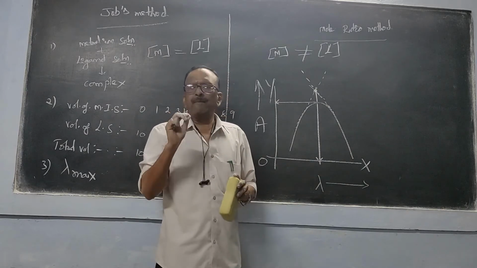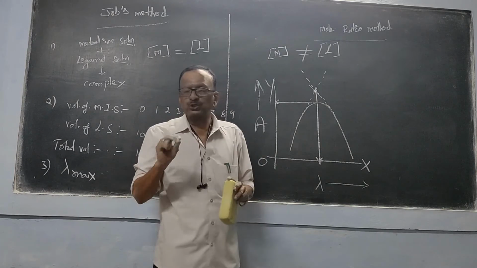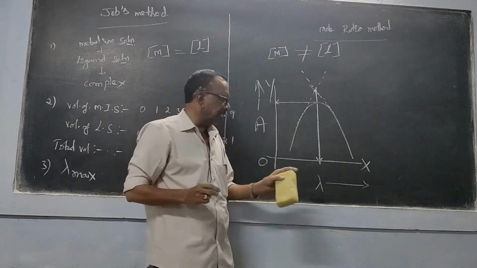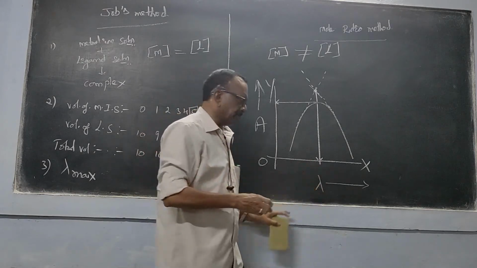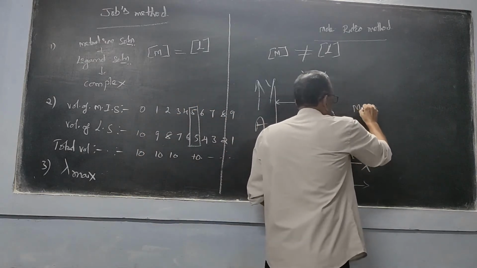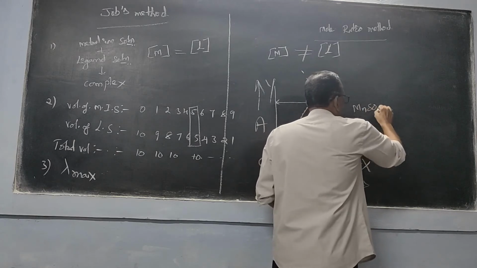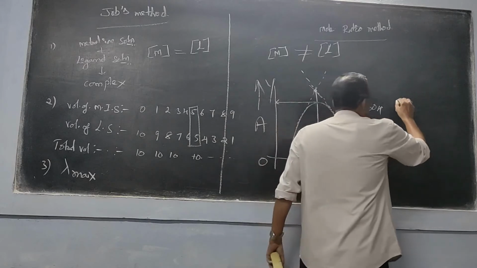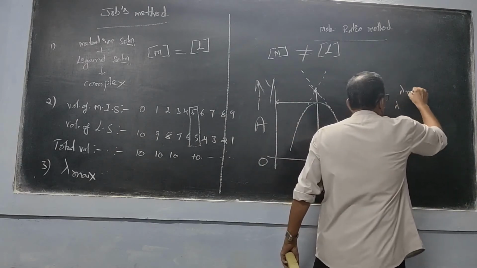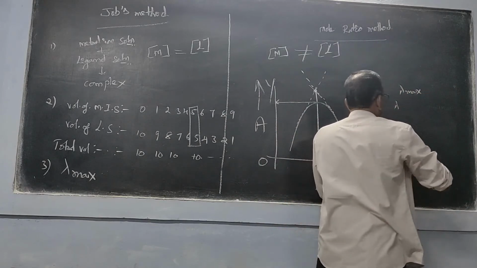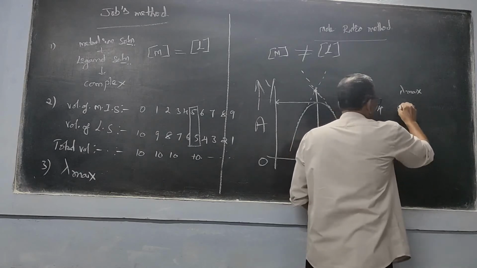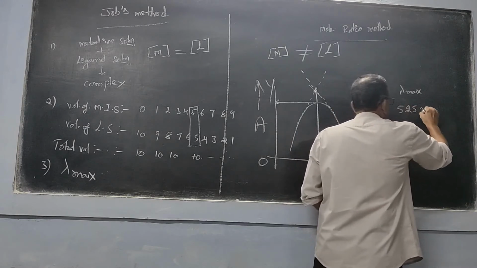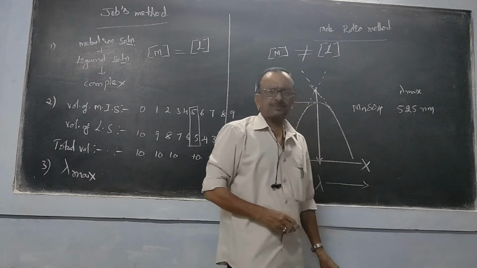Generally, every metal complex solution has a constant lambda maximum. Say, for example, let us cite MnSO4. Here the manganese metal has a lambda max of 525 nanometers.